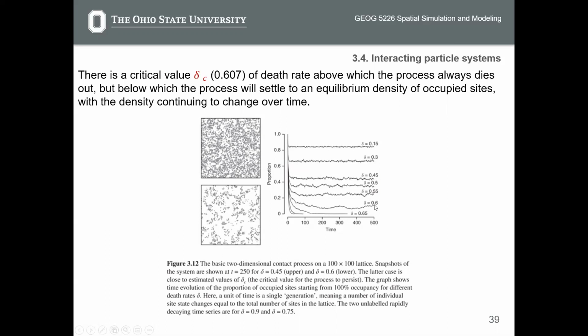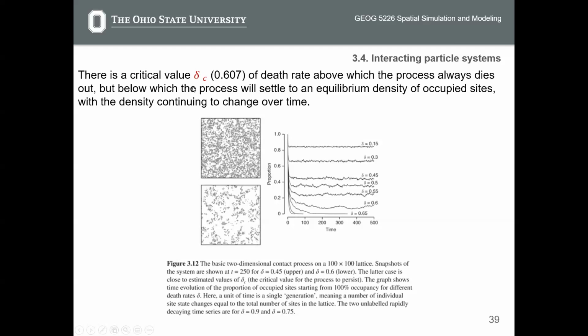Until 0.6, you can see that the system is still struggling. Even though it's struggling, the proportion of occupied cells is below 0.2, it's this curve. But the system survives. There are always living cells, occupied cells. Compared to 0.15, it's very low, it's not stable, but the system is still going.